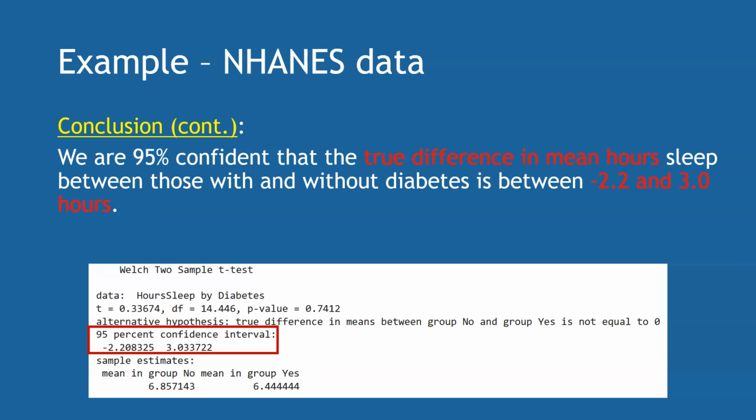So then this 95% confidence interval is looking at the true mean difference in hours slept. So then what we could conclude here is that we are 95% confident that the true difference in mean hours of sleep between those with and without diabetes is somewhere between negative 2.2 and positive 3.0 hours. So that's what this confidence interval is telling us.